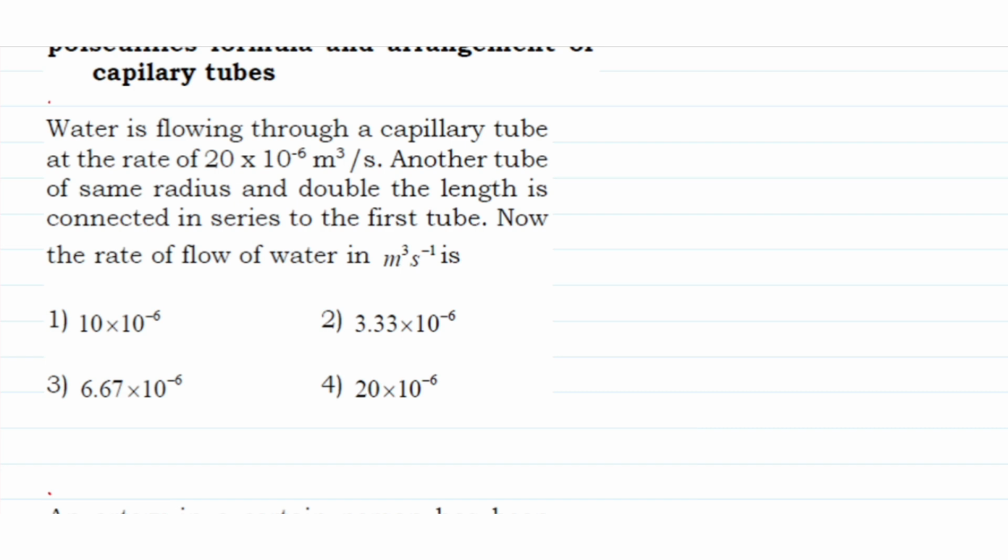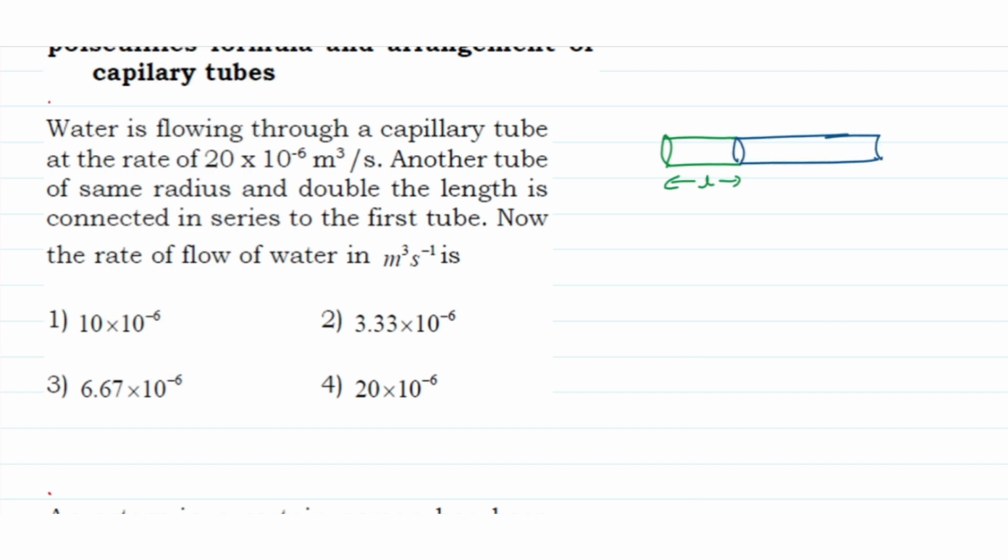So here two capillary tubes are given. This is one capillary tube, and its length is given as L, and one more capillary tube is going to be connected. This is another capillary tube.